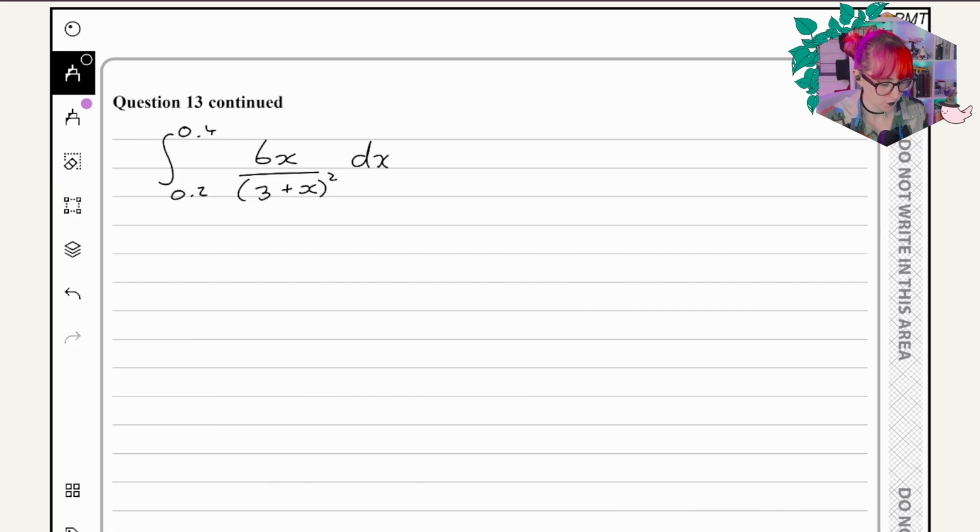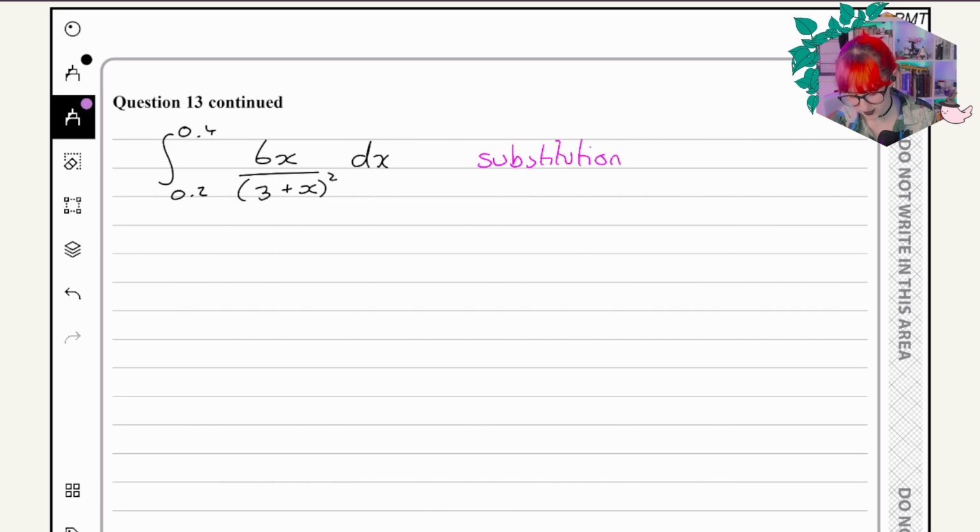But I'm hoping we can use integration by substitution. So integration by substitution is basically saying, let's let u equal a function of x. So let's let it equal 3 plus x. And what that will give us is we can then find all of the other bits we need and go from there.